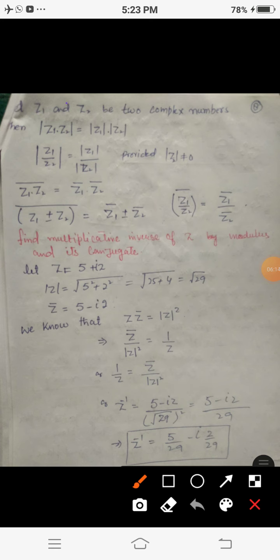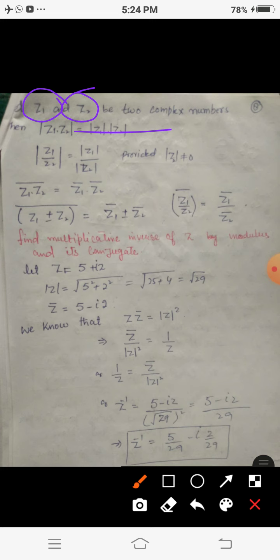Now if we have two complex numbers z1 and z2, you can easily verify that the modulus of the product, mod of z1 into z2, is the product of the individual moduli, mod z1 into mod z2, while for the quotient, if z2 is not equal to 0, mod of z1 upon z2 equals mod z1 upon mod z2.